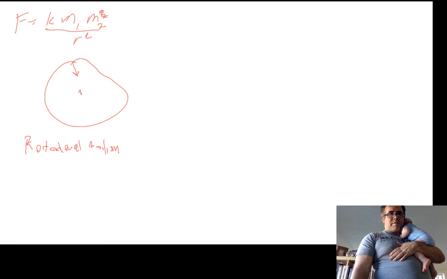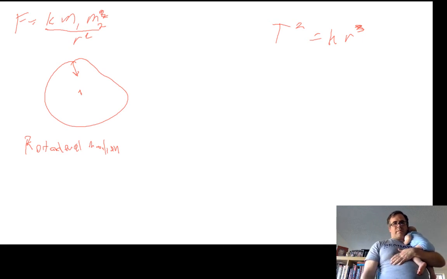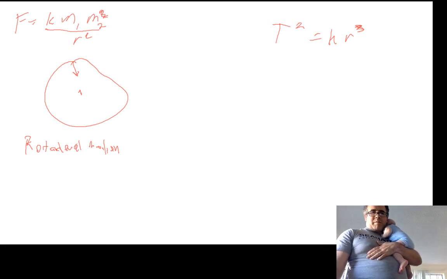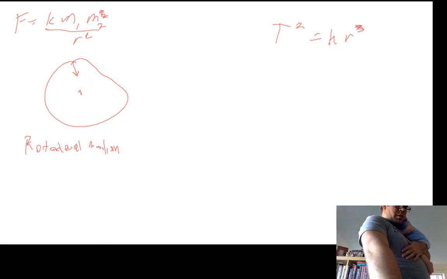We also have the square of the period is equal to k times the cube of, we're talking circular, the radius. Either could probably be used, because it all works the same.